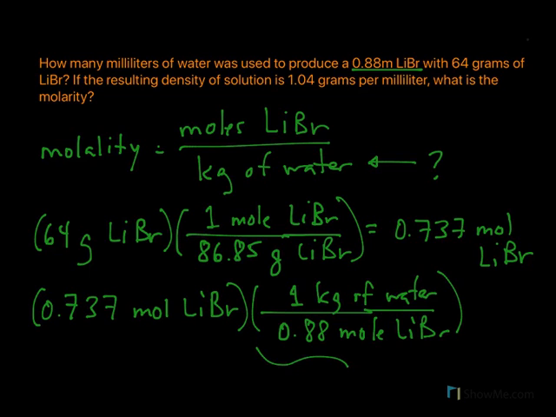So this expression here is just the molality flipped, or the reciprocal of the molality given above. This will give us kilograms of water, so 0.837 kilograms of water. But the question is, how many milliliters of water is this?